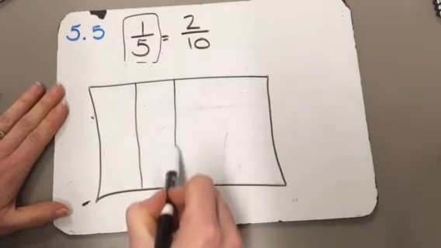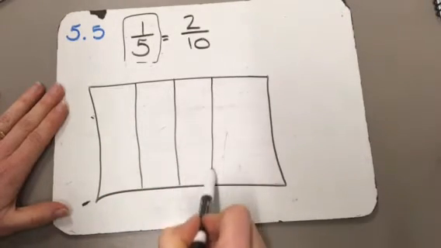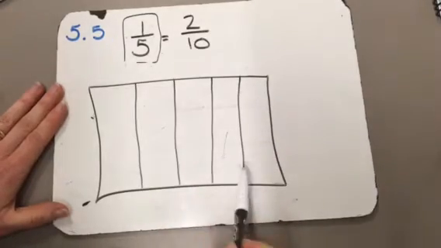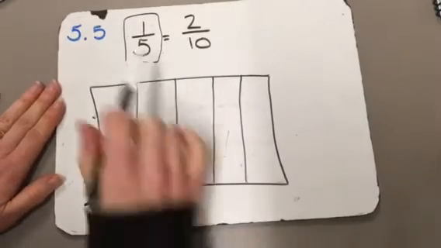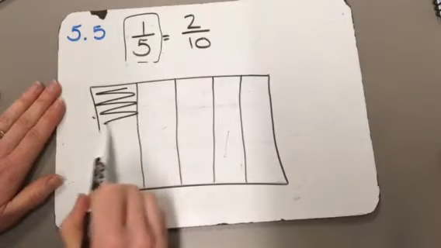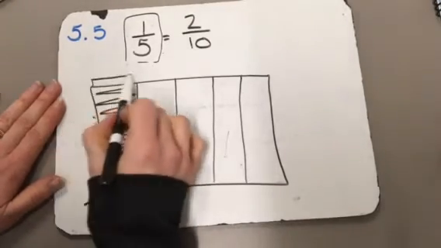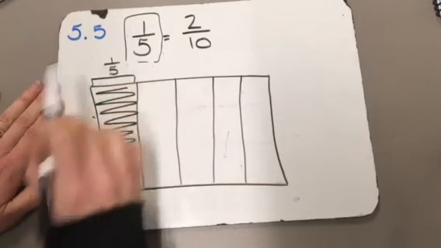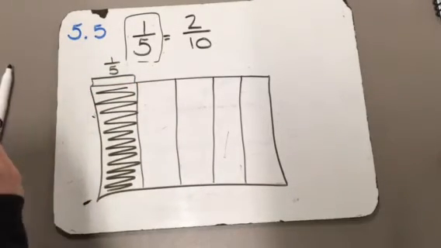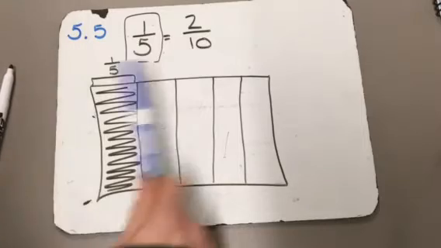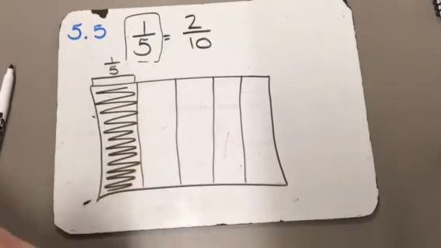No different than the tape model, just a little bit wider. Fifths. I'm going to shade in 1/5. You can label that 1/5 just to remind yourself of what it was. And I was told that it equaled 2/10.